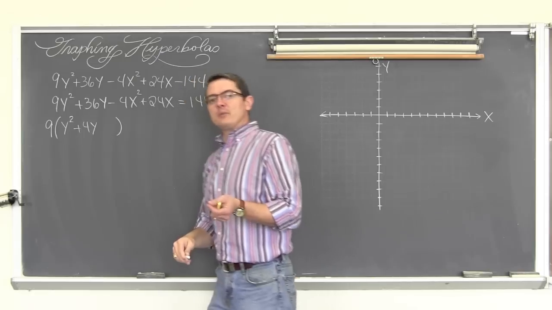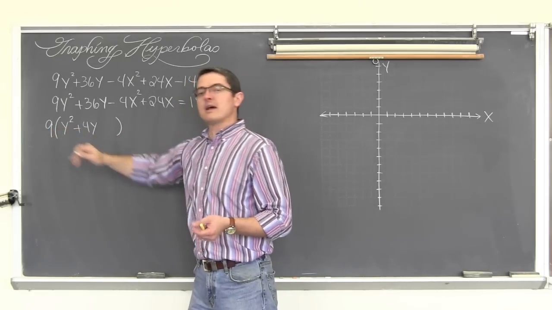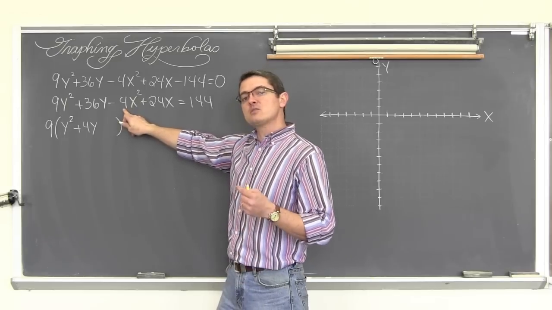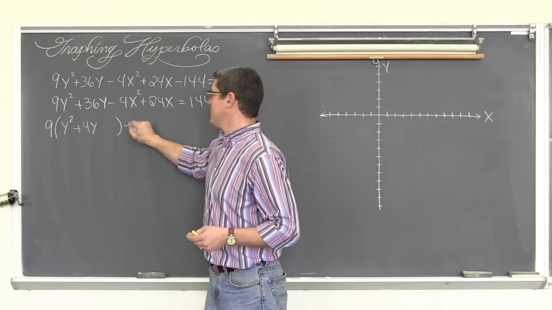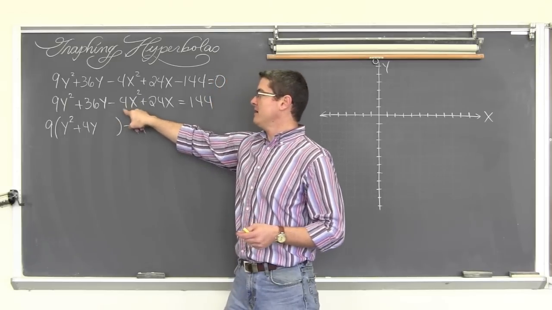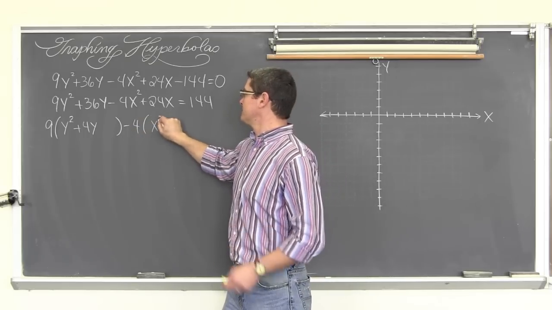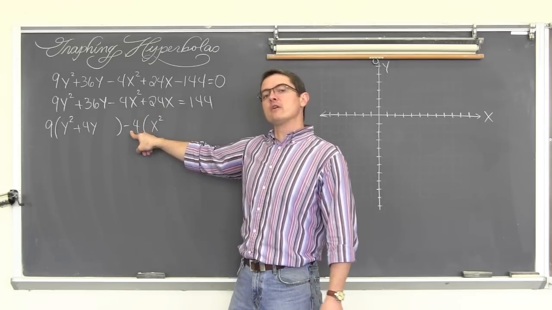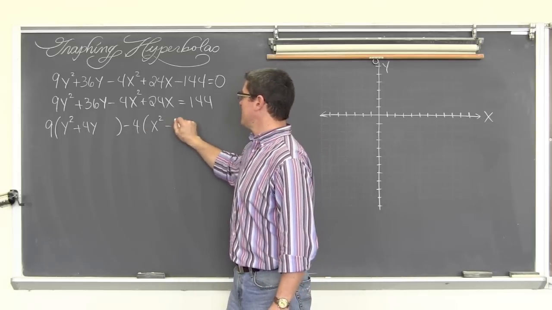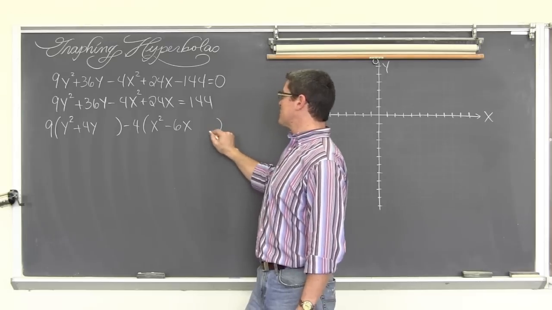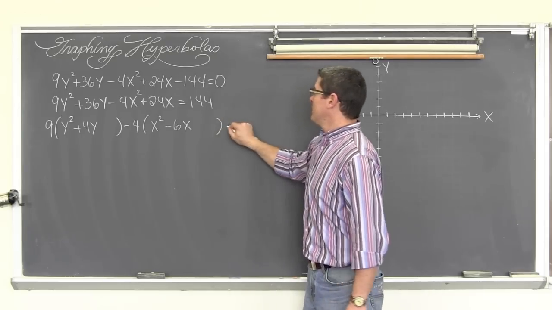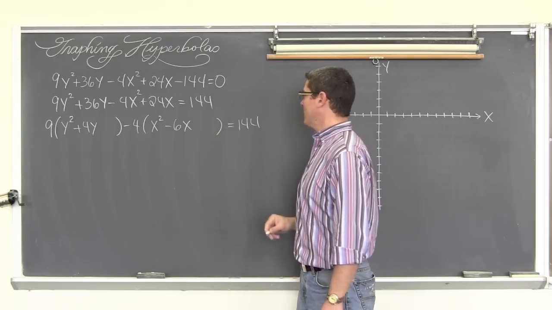I'm going to leave room for completing the square because our leading coefficients are now 1. And we're going to factor out that negative 4. So negative 4, and then negative 4 divided by negative 4 is equal to 1x squared. Positive 24 divided by negative 4 is negative 6x. Leave some room for completing the square, equals 144.